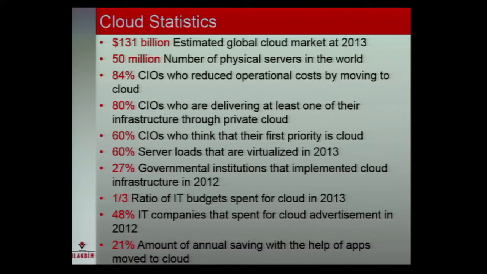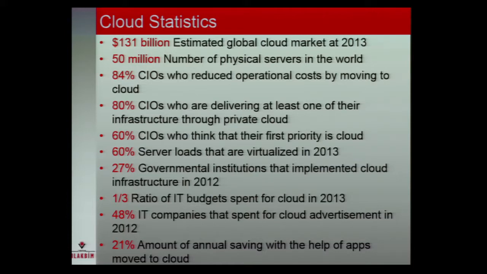When you look at some statistics about cloud, the estimated global cloud market in 2013 is about $131 billion. The number of physical servers in the world is about 50 million. The rate of CIOs who reduced operational costs by moving to cloud is 84%.